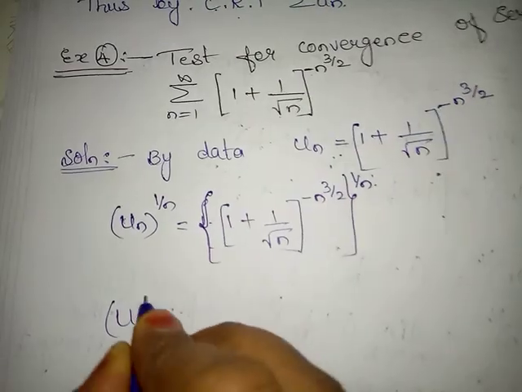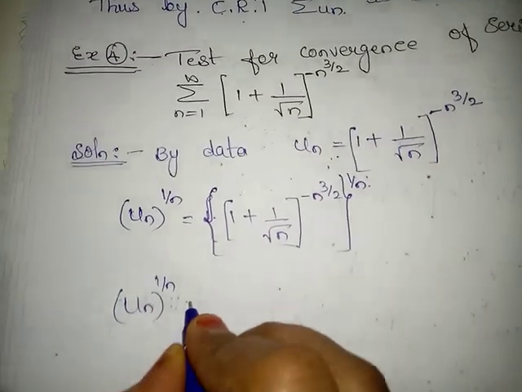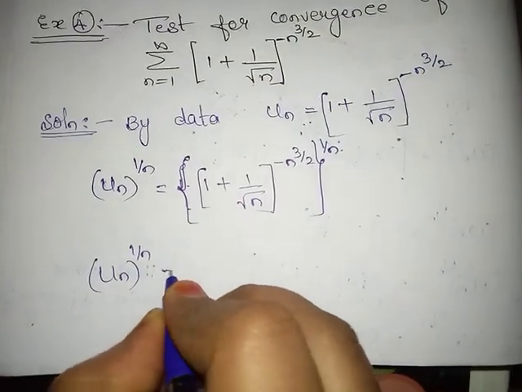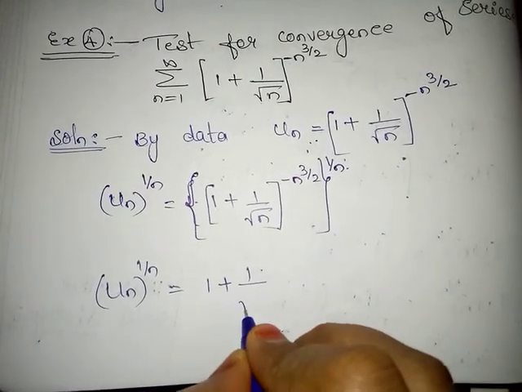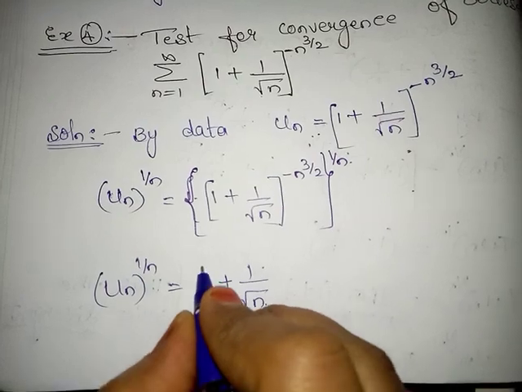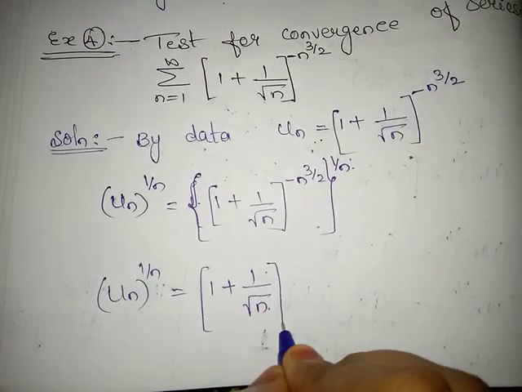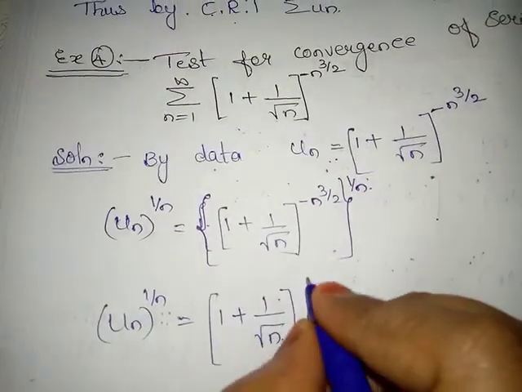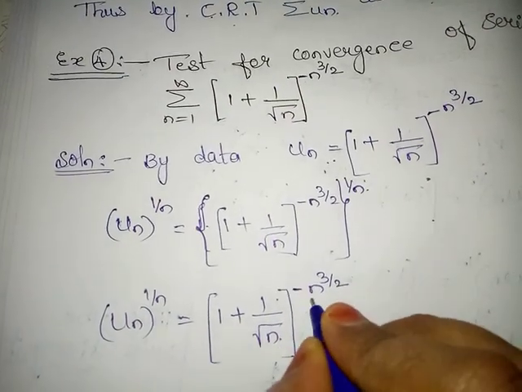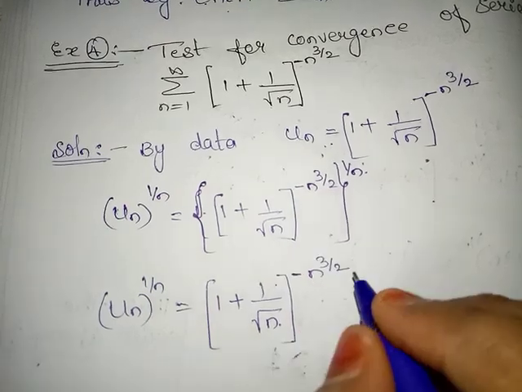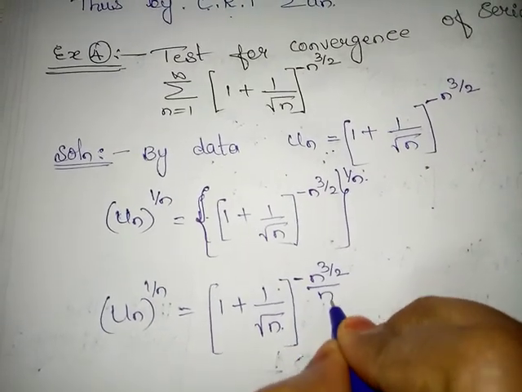Then un raised to 1 by n is equal to (1 plus 1 divided by root n) raised to minus n raised to 3 by 2 divided by n.